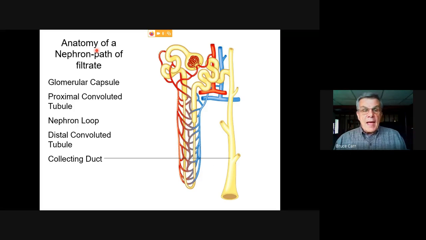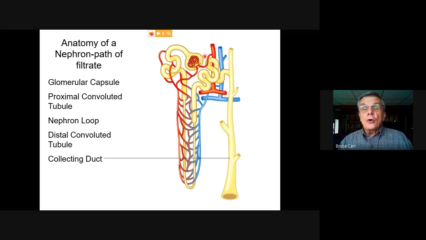So the anatomy path is from the glomerulus to the proximal tubule. This is called a convoluted tubule, and as soon as it straightens out, it becomes what we call the nephron loop, which always dips downward, turns the corner, and returns back. This is the distal convoluted tubule and the connection to the collecting duct.